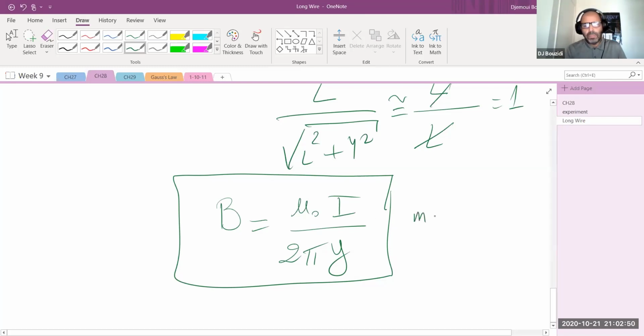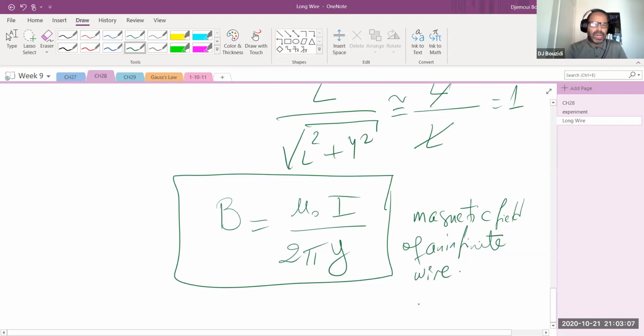Magnetic field of an infinite wire. This is an important result because it is a result that you can remember, and you do calculations within the lab and you try to compare things. So again, we had already a point of discussion in terms of the directions, that the magnetic field is perpendicular to the plane formed between the wire, or at least the element of the wire, and the direction where we're trying to find the magnetic field.